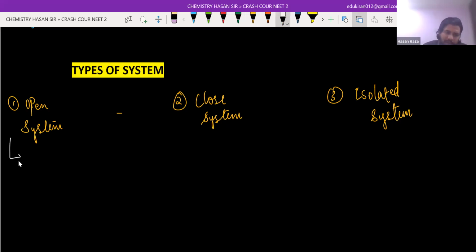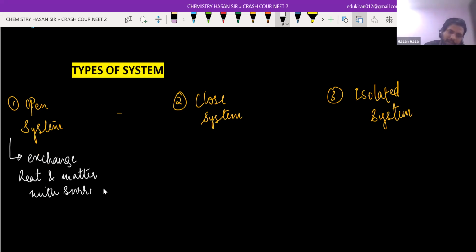In open system, we define this type of system on the basis of system and surrounding. If the system exchanges heat and matter with the surrounding, then that system is called open system.